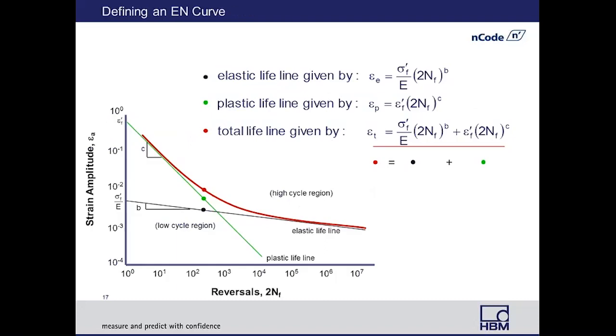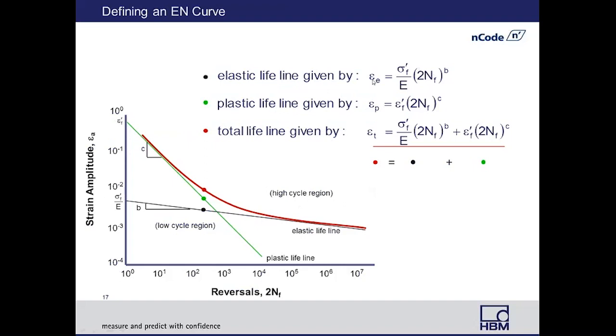A little bit different than the stress life curve. Here we see an example of a strain life curve. The strain life curve is actually the summation of two curves. The first curve is this black curve right here. That is our elastic life line. You'll notice that the form of this equation is very similar to stress life. We have, however, used the modulus on both sides of the equation so that we can relate this in terms of strain.